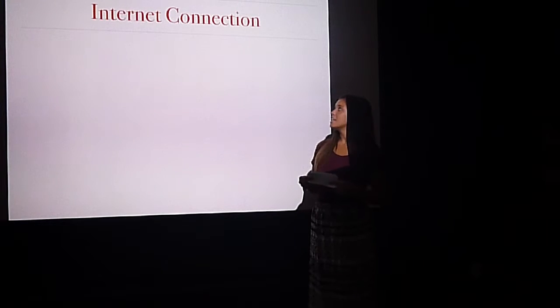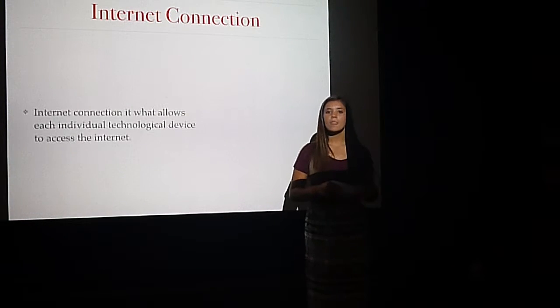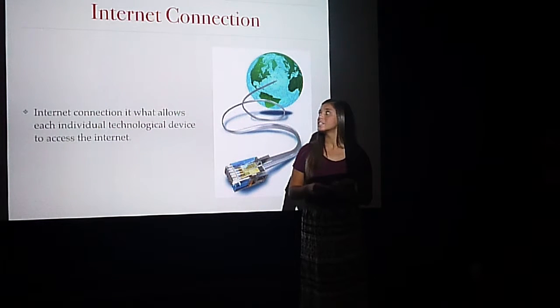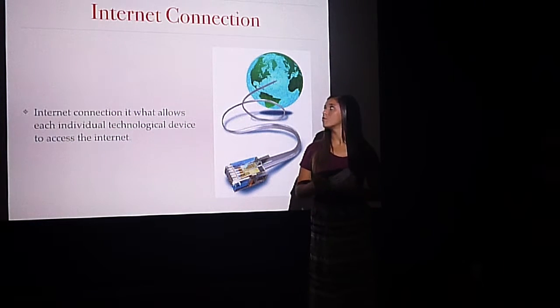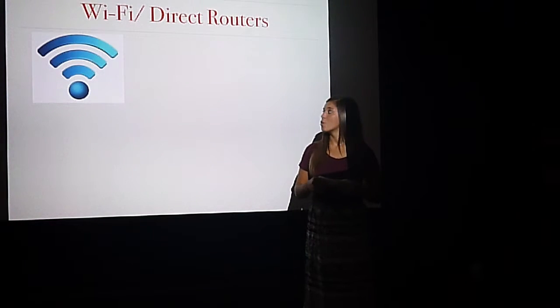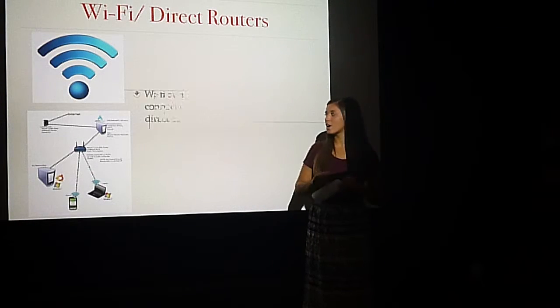The one thing that these technological devices need is internet connection. Internet connection is the connection that it takes to search the web for all electronic devices. There are two different ways that you can access internet connection, and that is through Wi-Fi and a direct router. Wi-Fi is this top symbol right there.